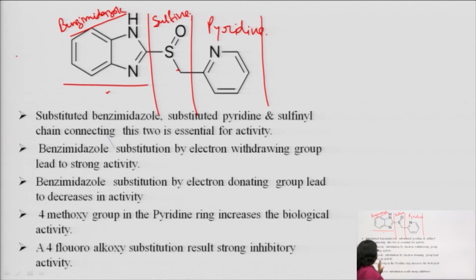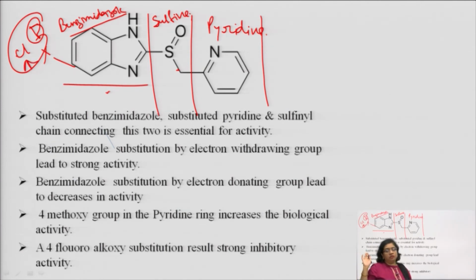If we substitute benzimidazole by an electron donating group, then activity will decrease. So, if any substitution, suppose here X, if it is fluoro or chloro, then activity will increase, because these are electron withdrawing groups. If we substitute this with an electron donating group, then activity will decrease.